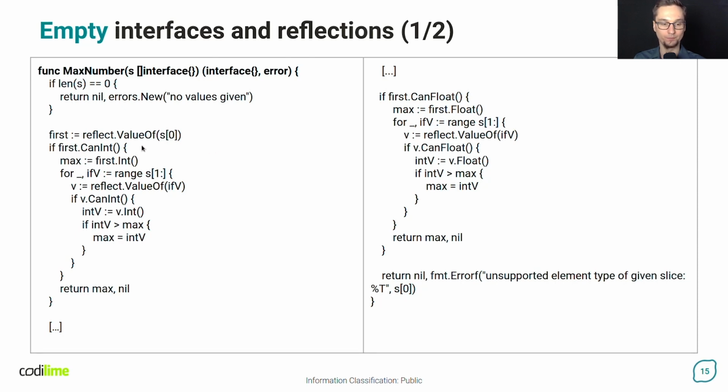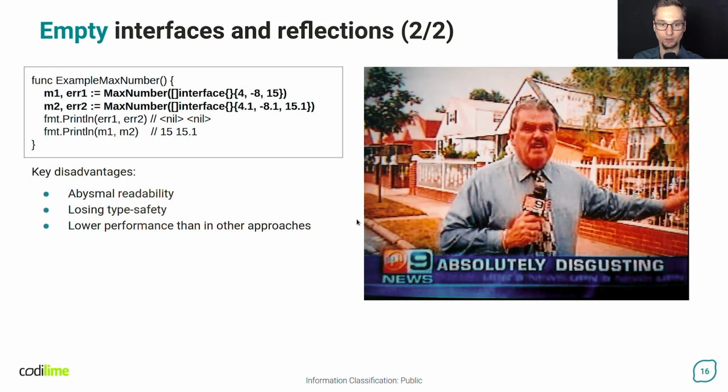So we can check if the element type is int by calling, for example, CanInt on the data, and then we can proceed with handling the code with integers, and so on. And this looks similar for floats. In that case, the caller also needs to wrap their data into a slice of empty interfaces.